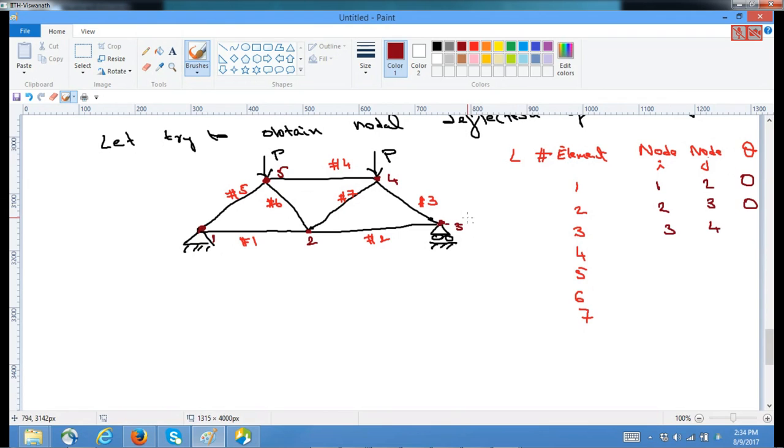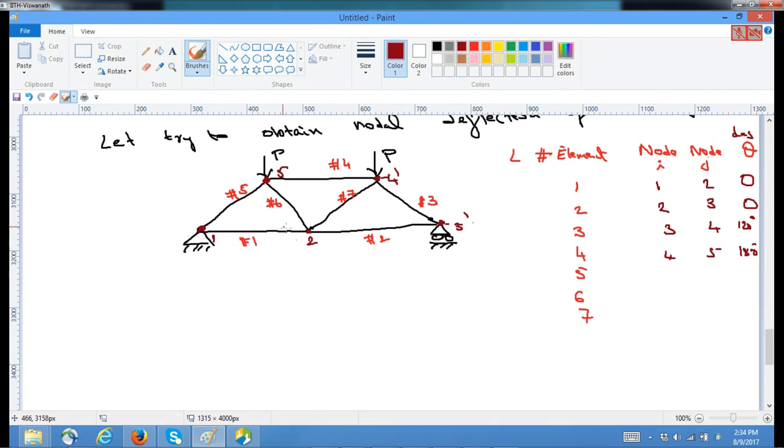The angle it makes with respect to the horizontal: this is 90, this is 60, so it would be 120 degrees. For the fourth element, it is nodes 4 and 5. Going from I to J, it makes 180 degrees. So let me put it as 180 degrees.